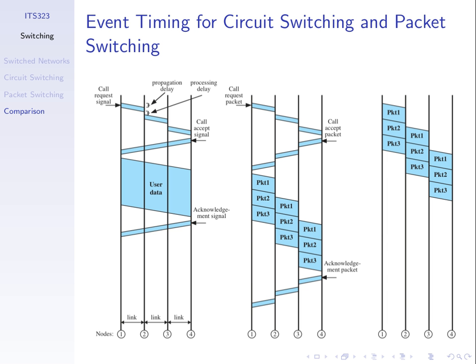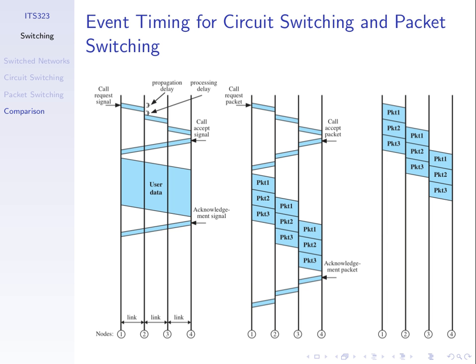Telephone networks are based on circuit switching. Some old data networks use circuit switching. Some other, more recent, 10, 20 years ago, data networks use virtual circuit packet switching, and there's still some around. The internet is based upon datagram packet switching.